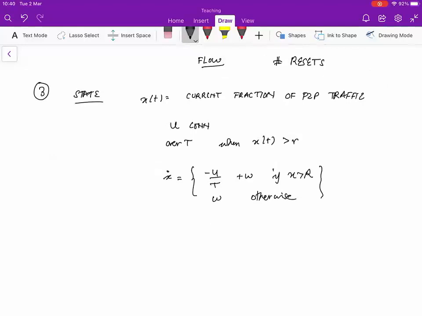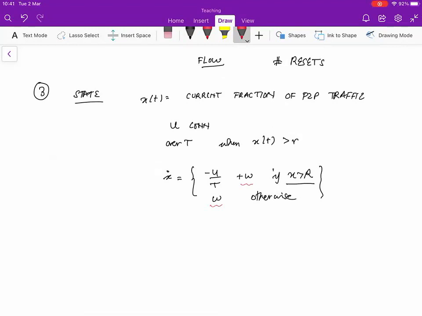I said, okay, if the number of connections exceeds r, what I'm going to do is reduce the number of connections by u connections over time t. So the rate of change of x is given by u over t. That's basically u over t is the derivative of the number of connections. So that's x dot. And then we're going to have this disturbance term over here because we can't really control that. So w gives us the disturbance that we otherwise have.